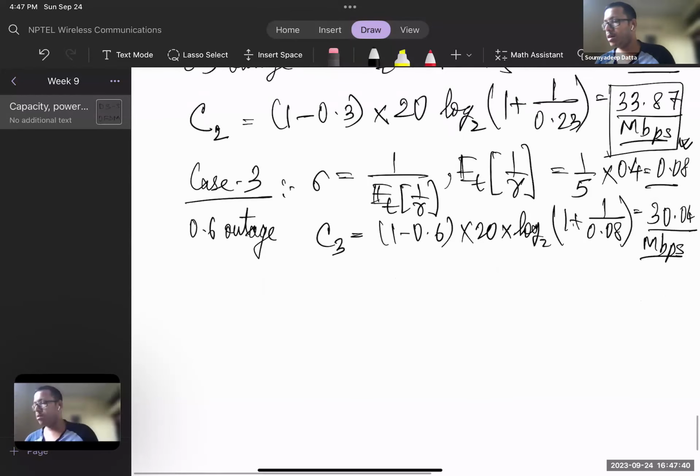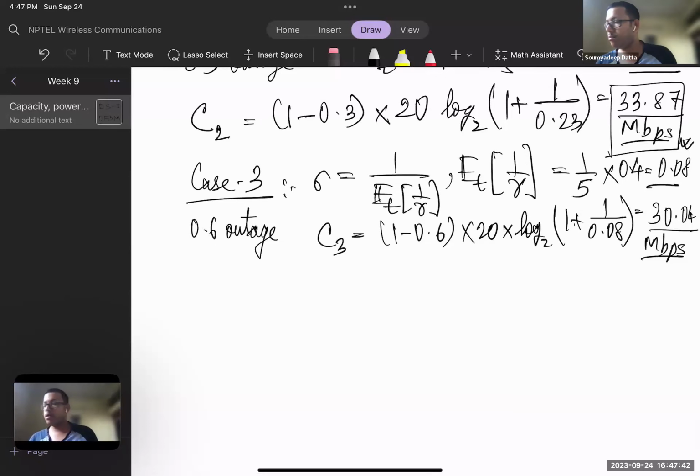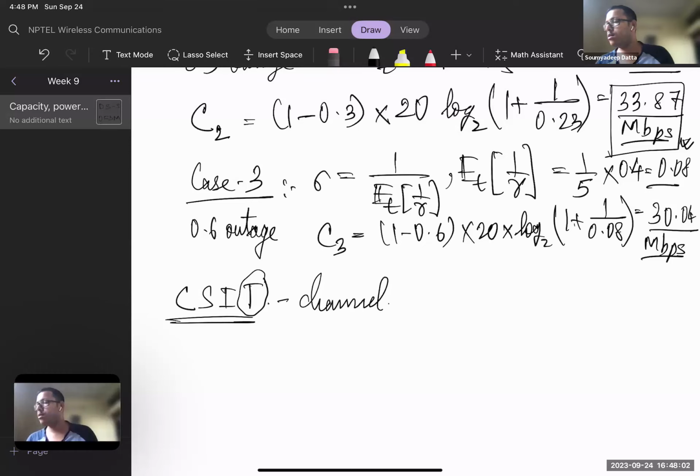So okay, in channel inversion, as I was saying, channel inversion can only happen if you have channel state information at the transmitter, CSIT. So that is what CSIT means. I'll just write it down for reference: channel state information at transmitter.